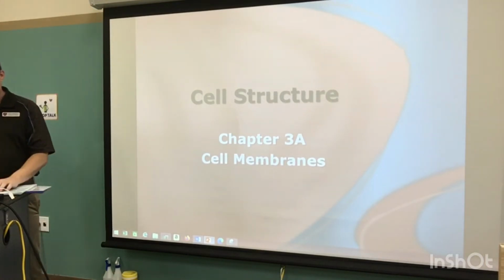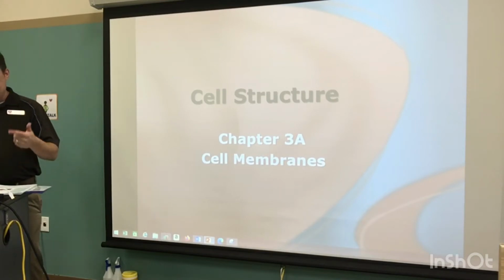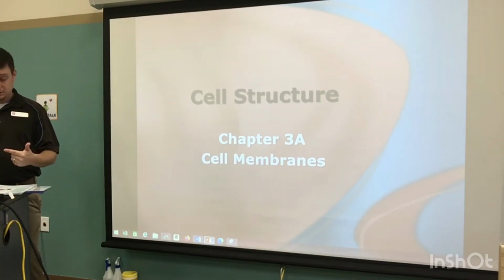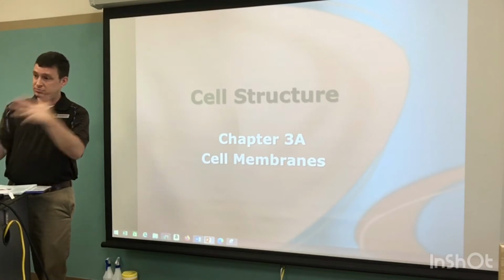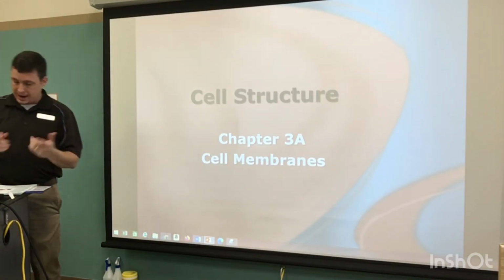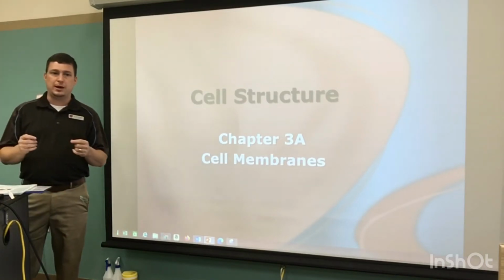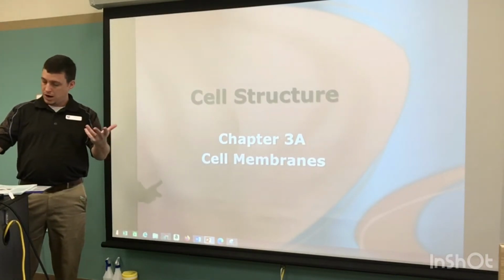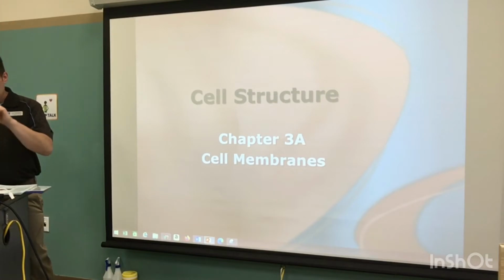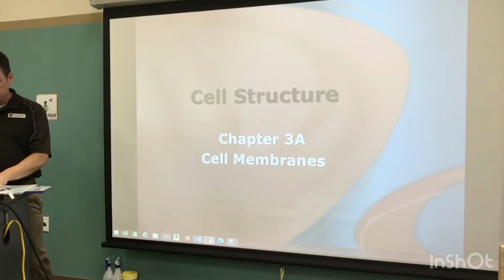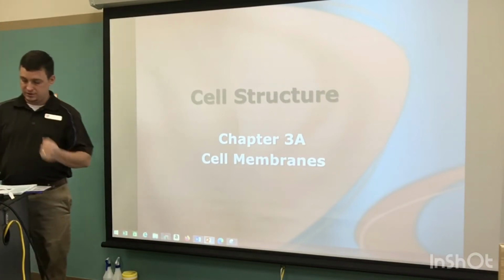Oh, much, much better. What keeps a cell's insides in and its surroundings out? How does a cell stay intact? Each cell is surrounded by a cell membrane, a thin covering that forms the outer boundary of the cell.